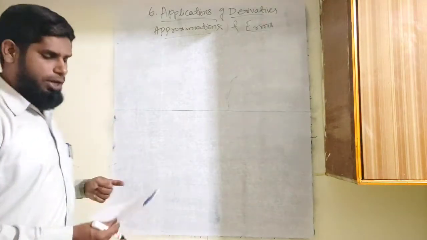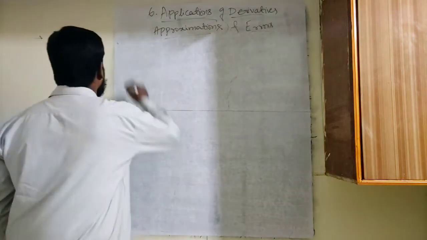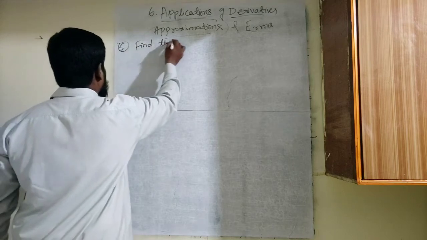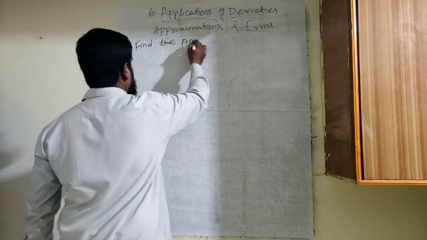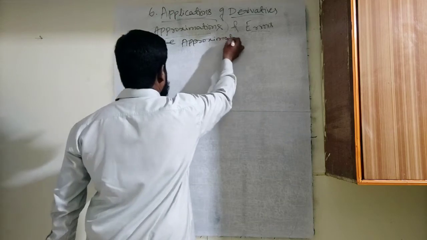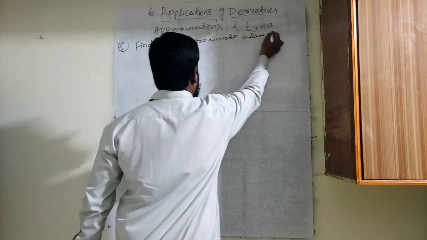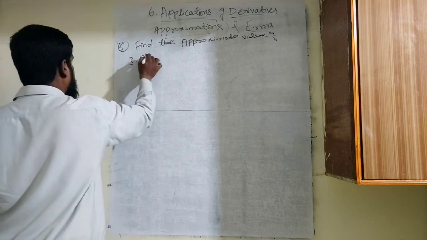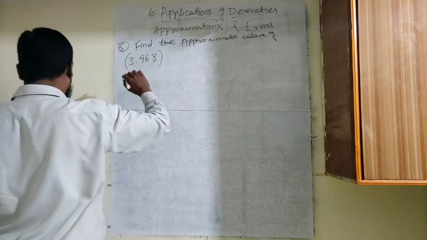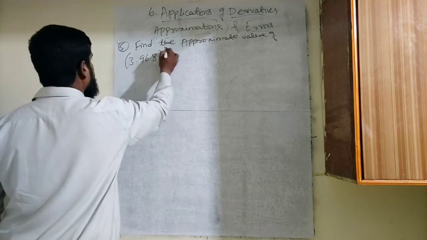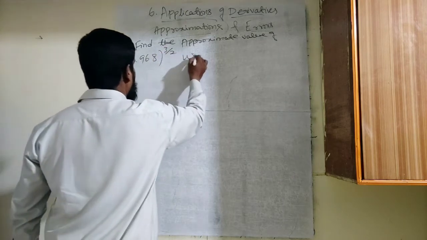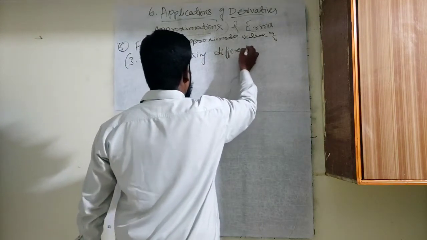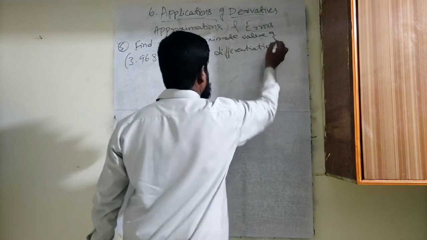Okay students, now let us go to the next problem. Find the approximate value of 3.968 whole power 3 by 2 using differentiation.